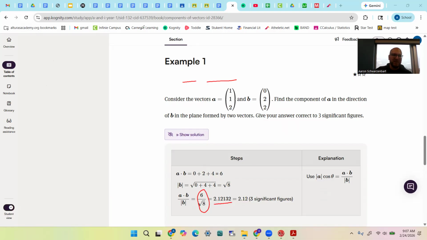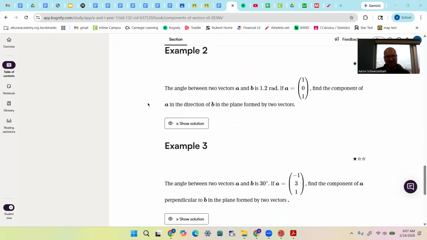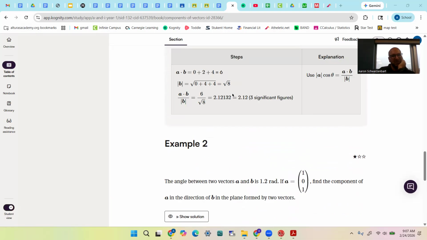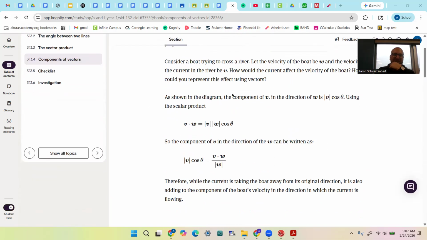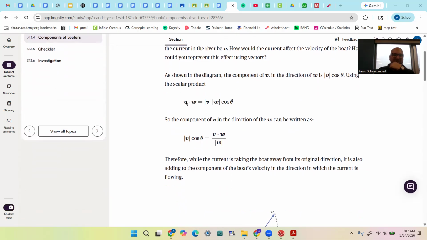So yeah, a lot of times in physics, we just tilt our axes and do components on the tilted axes. You're taking this formula, and if I'm doing component of V in the direction of W, I end up with this component.